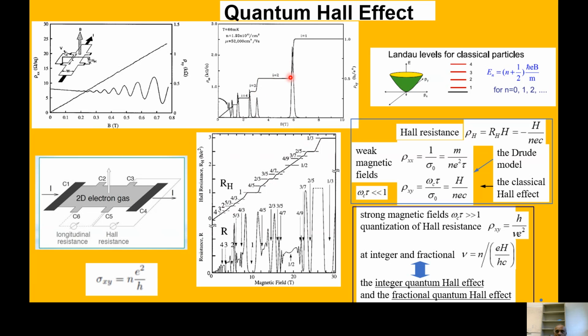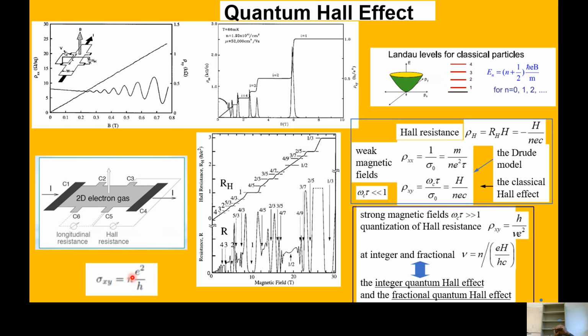That plateau corresponds to sigma xx given by this special unit, e squared over h. It can be integer multiples of that, which we call the integer quantum Hall effect, or n can be fractions, which we call the fractional quantum Hall effect.